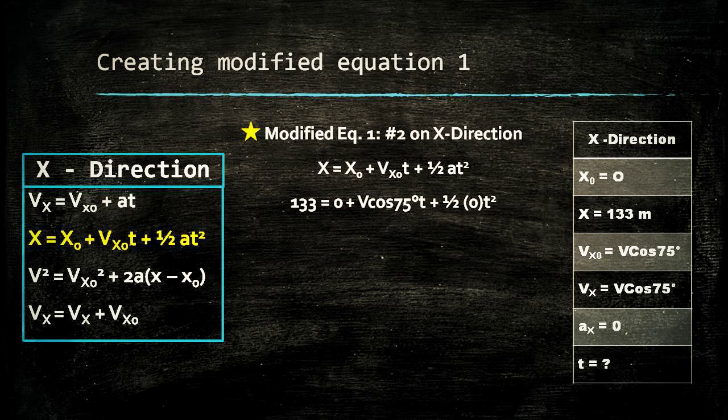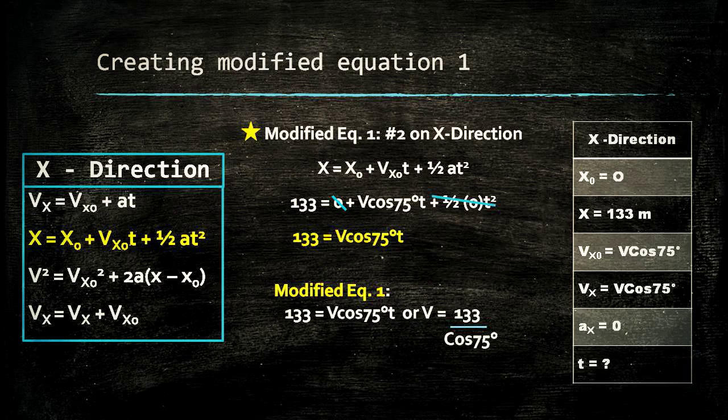Because velocity is undetermined, we will use v cosine 75 degrees times time plus 1/2 times acceleration times time squared, which will be 0 since acceleration in the x direction is 0, which then gives us our modified equation: 133 equals v cosine 75 degrees times time in the x direction.